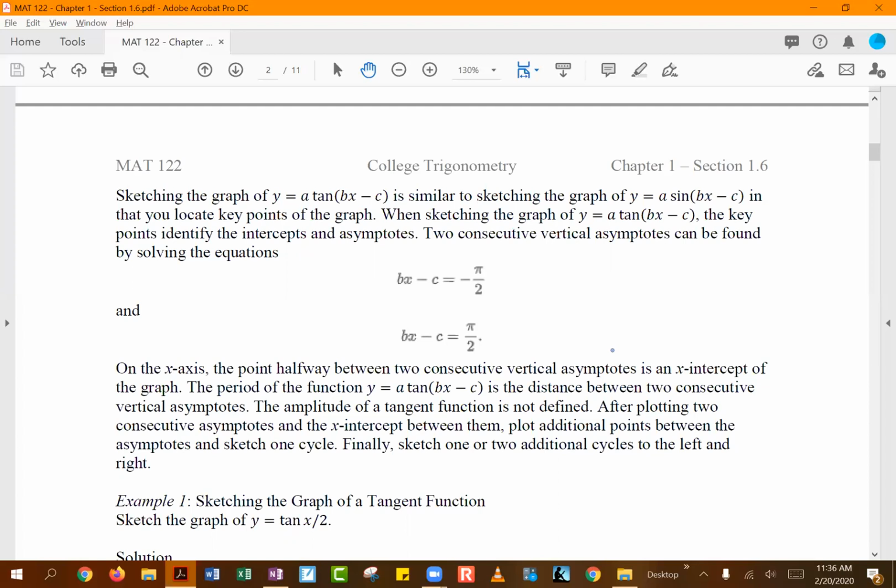In this case, we try to find our key points, which will be between our two consecutive vertical asymptotes. And in this case, they are talking about taking your bx minus c part and then setting it equal to those two consecutive asymptotes. So you set it equal to negative pi halves and positive pi halves.